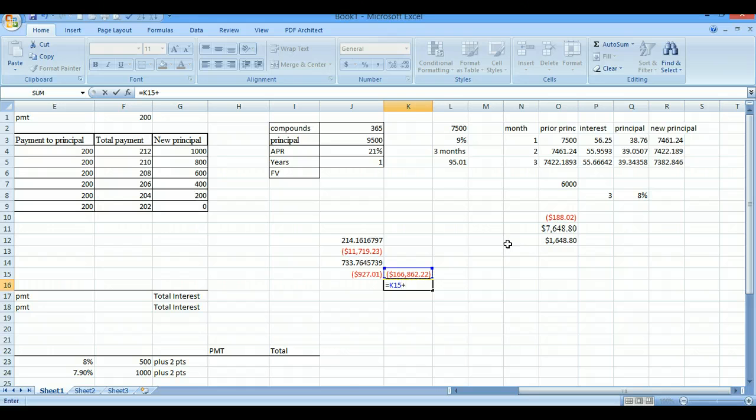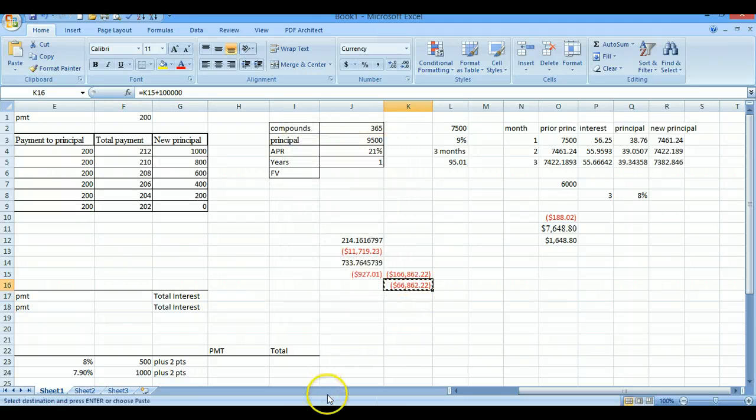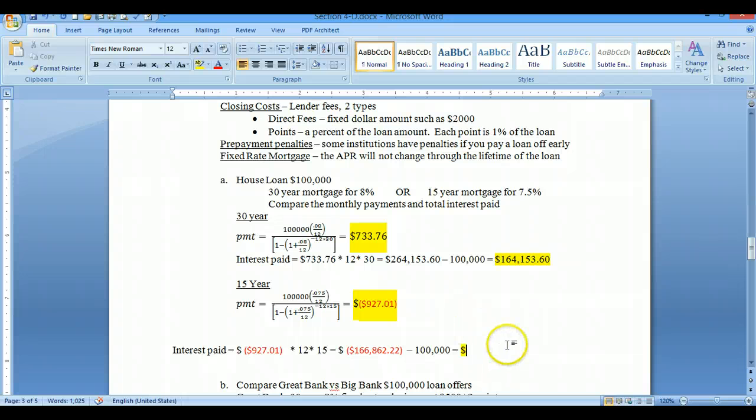So I'm going to add 100,000. Now I could have changed this to be positive by putting in a negative and then subtracting. Either way, you'll still get 66,000. Go back into here, Control V, and highlight that as the answer.